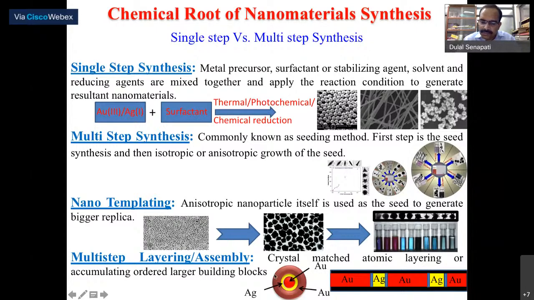Again you use this three layer as a seed to grow a fourth layer of silver. That way you can make a multi-layer structure, or even use a gold bar, then add a silver bar, then a gold bar, and silver and gold. In a periodic way, or even in three dimensions, you can arrange these materials in an anisotropic manner.